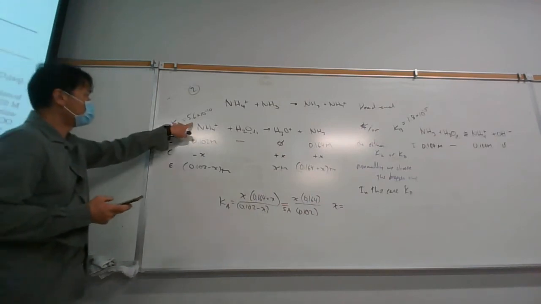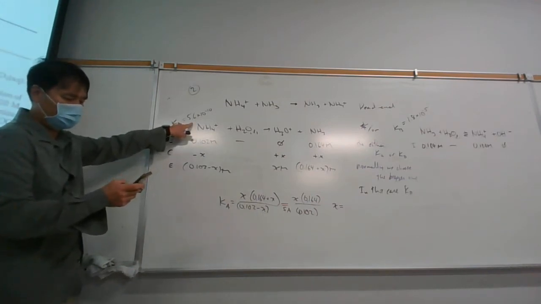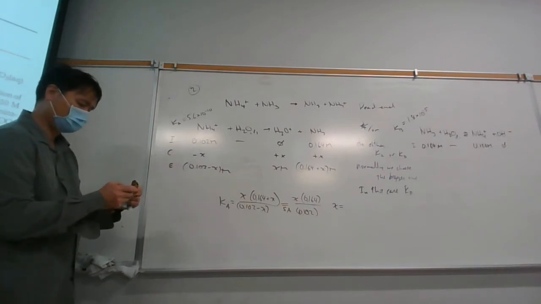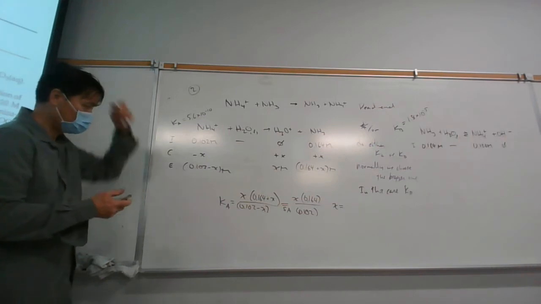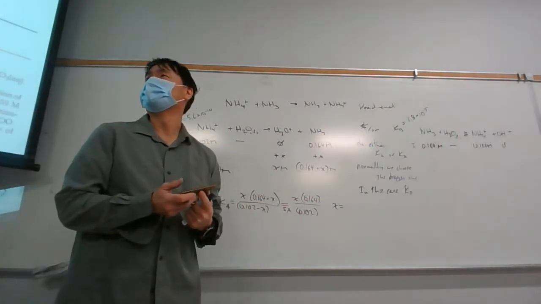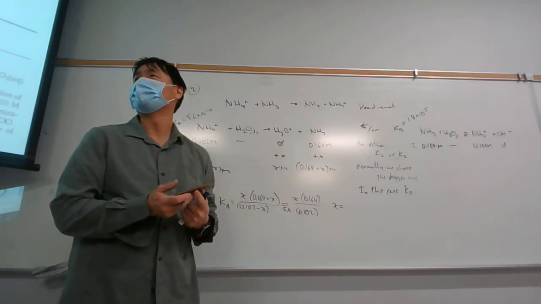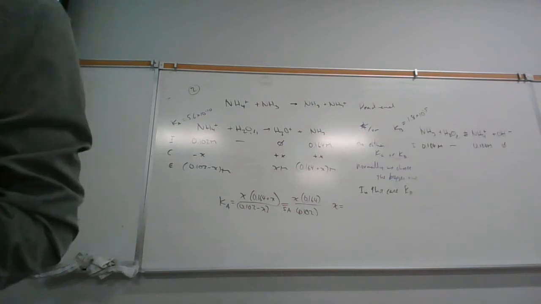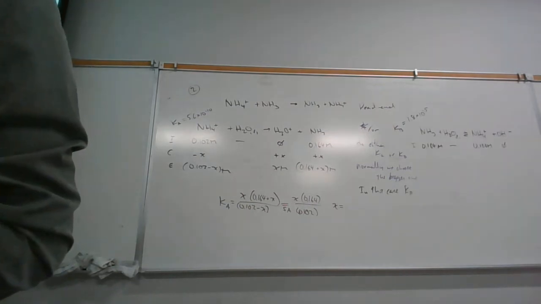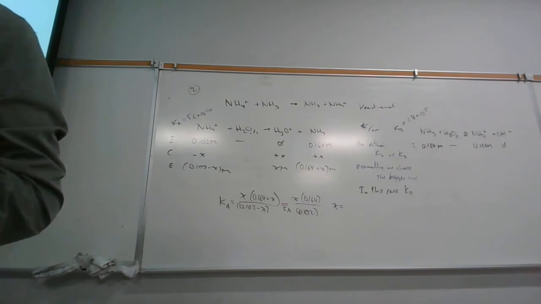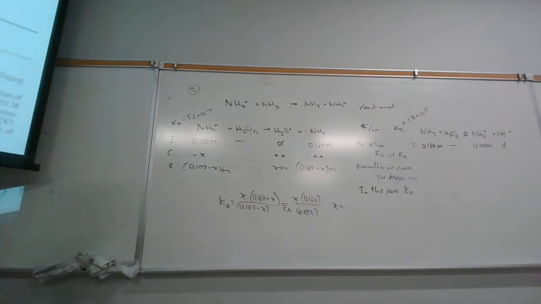All right, 5.6 times 10 to the minus 10. What does our chart say? 5.7 times 10 to the minus 10. 5.7, 5.6.